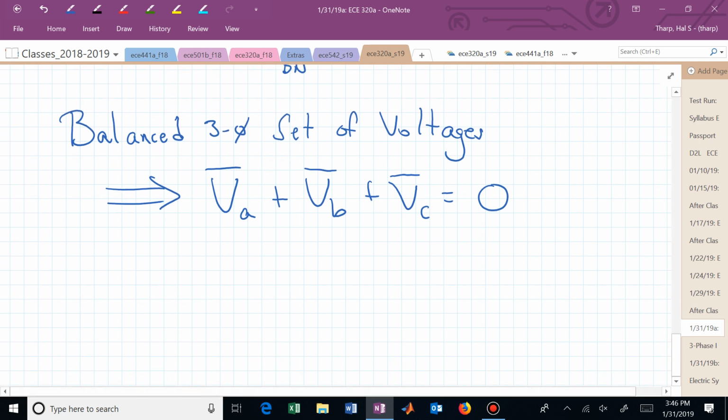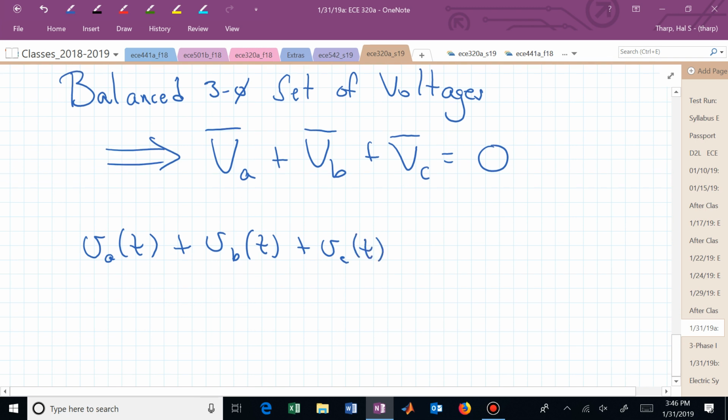If their phasors add up to 0, what can we say then about if we actually added up the instantaneous waveforms? That's what I mean by time domain. The capital letters with the bar are the phasors.